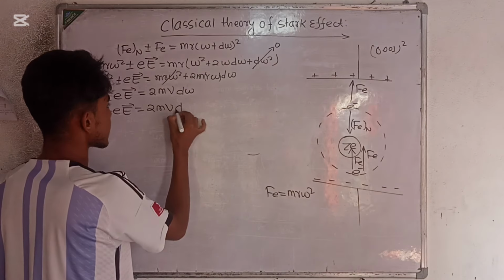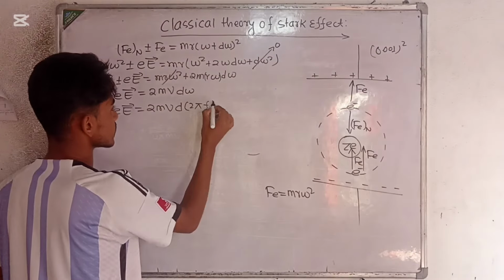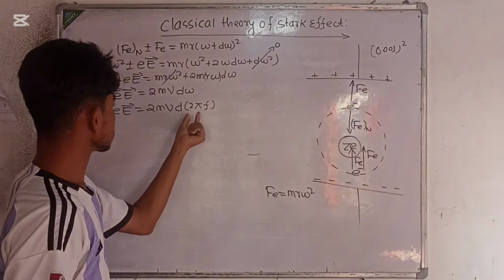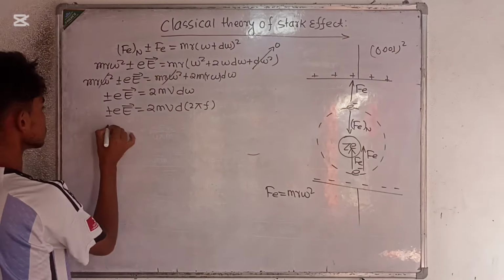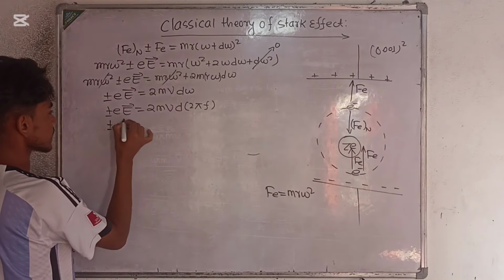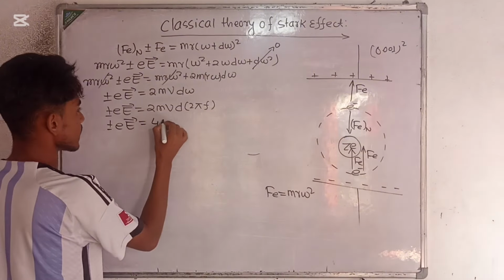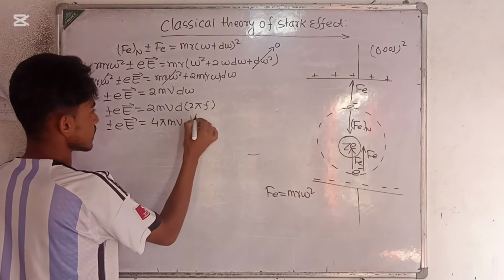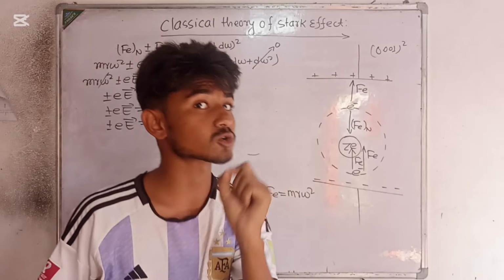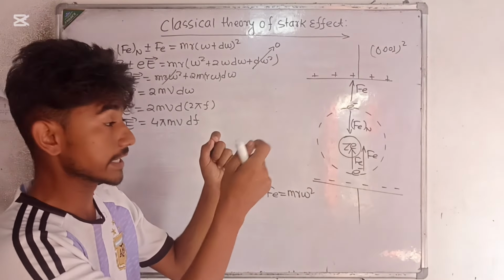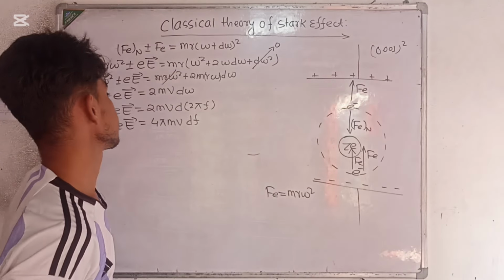So you can replace omega as 2 pi times frequency. The 2 pi cannot change because it's a constant, so there will be a change in frequency. So plus minus E vector equals 4 pi m v df. There will be a small change in the frequency of the electron during revolution in that particular orbit.